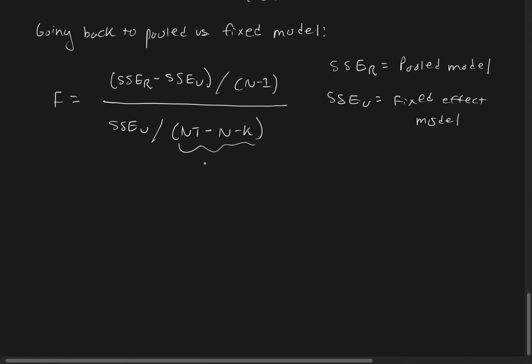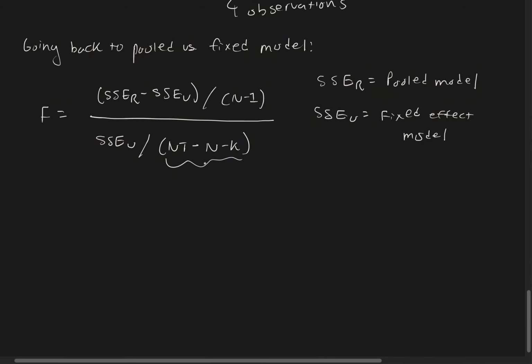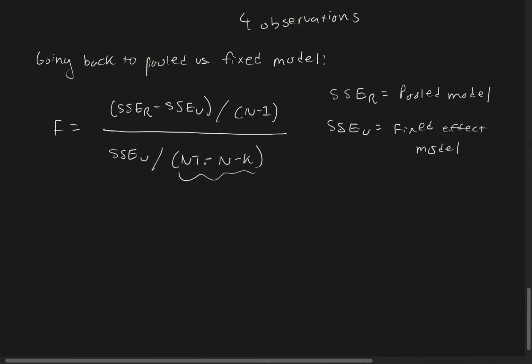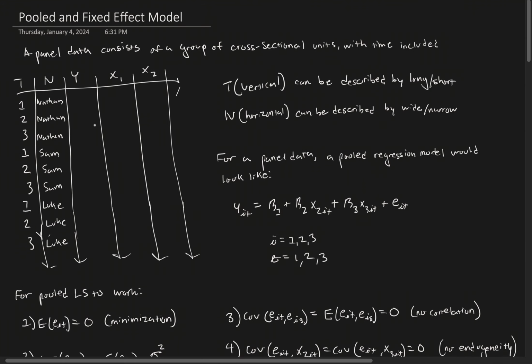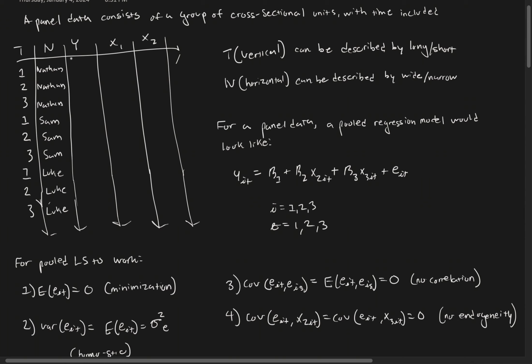And that's pretty restrictive of what we see. It's very limited, whereas the fixed effect model allows for some heterogeneity because we must account for those differences that might come into play over Nathan, Sam, and Luke, of what they might prefer differently or how they might act differently over time.